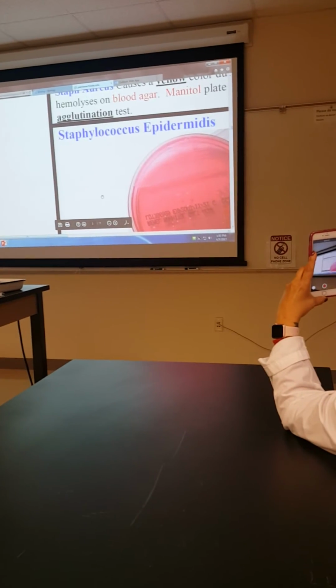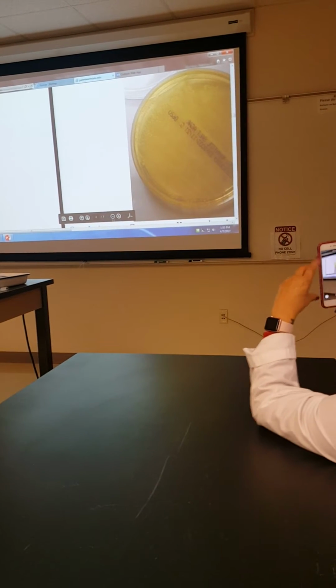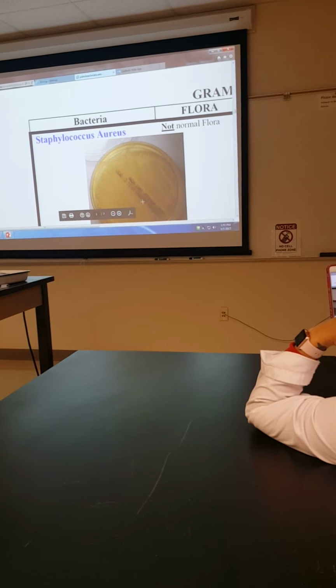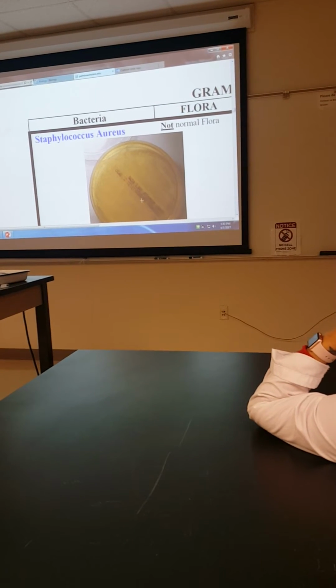If you have a stool sample, what do we use? EMB, correct. EMB and Hektoen.